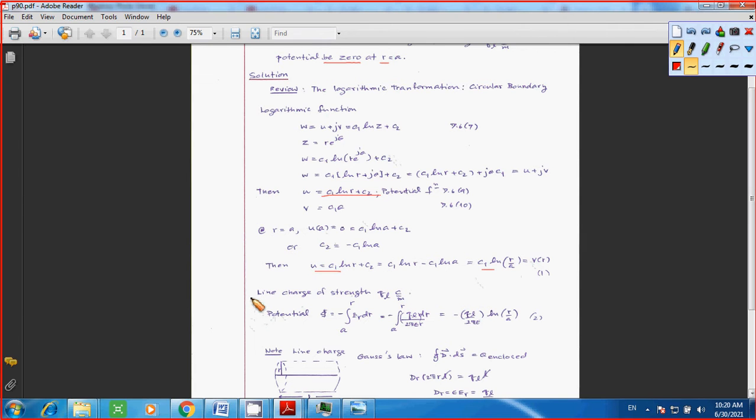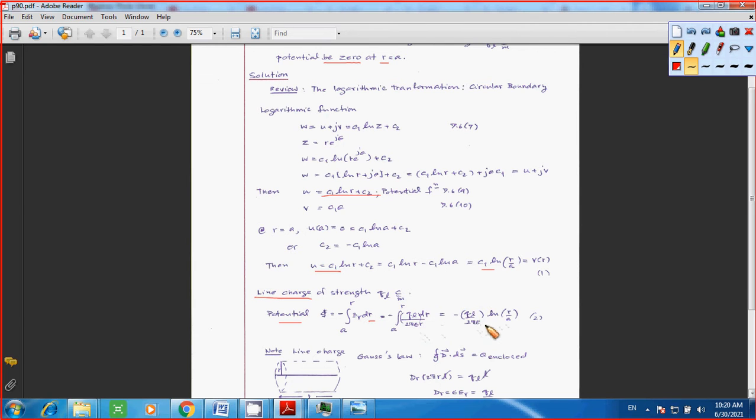Now let's consider the line charge of strength QL coulomb per meter. You know the definition of potential is just the negative line integral of electric field dl. And your ER equals the charge density divided by 2 pi epsilon R in the case of the line charge.